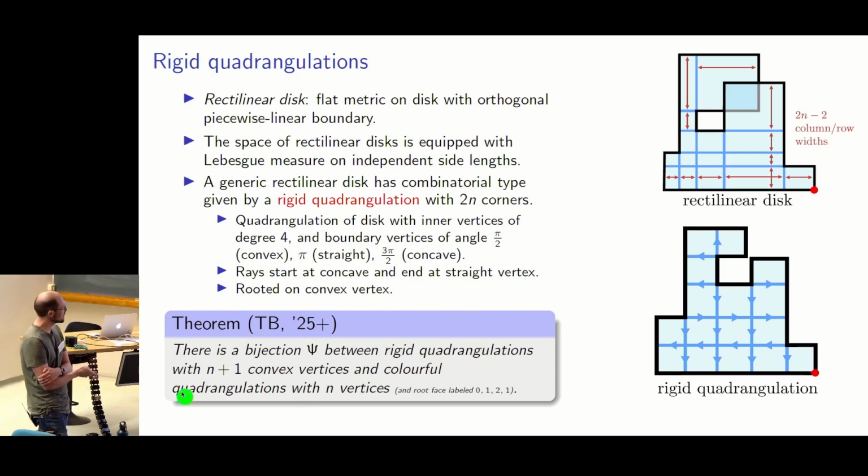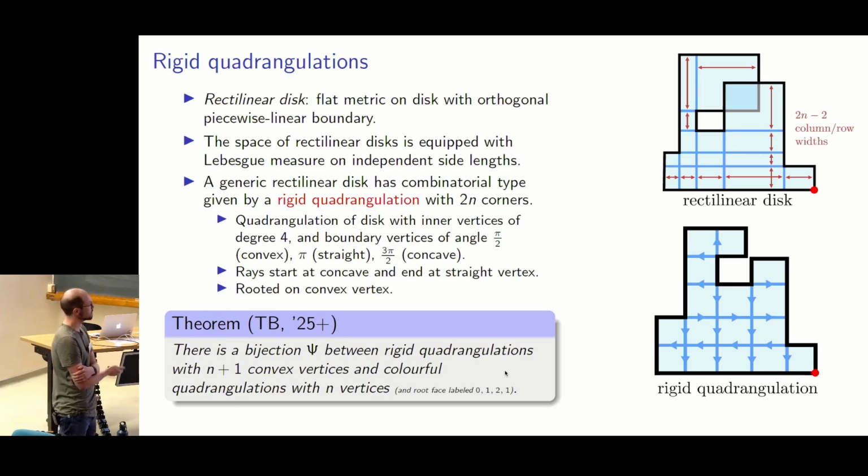Now actually, in this setting, it's a 1-to-2 map. So there's a slight ambiguity in the root face of the colorful quadrangulation. So to make the bijection, I have to require that the root face has labels 0, 1, 2 instead of -1, 0, 1. So there are only two options, and they're related by symmetry.